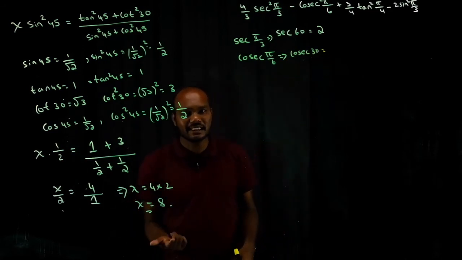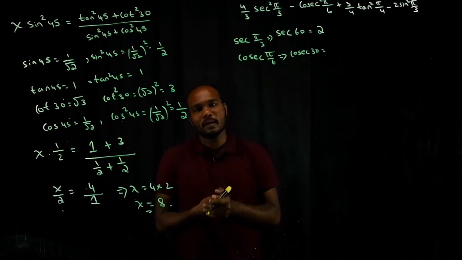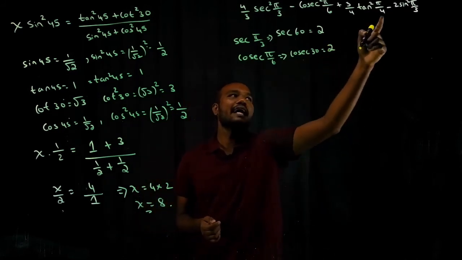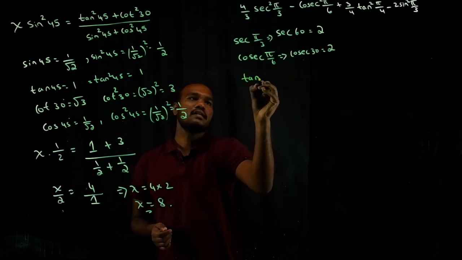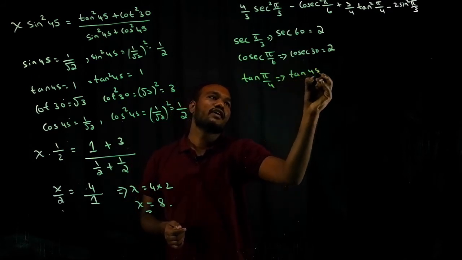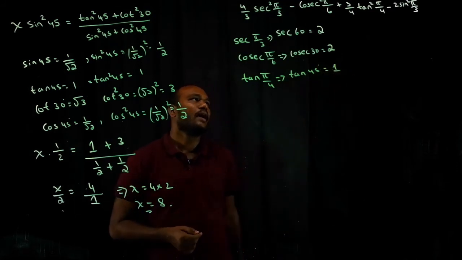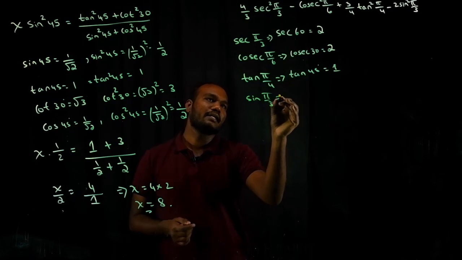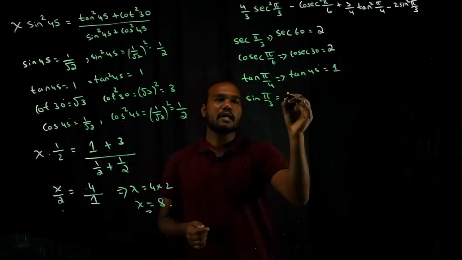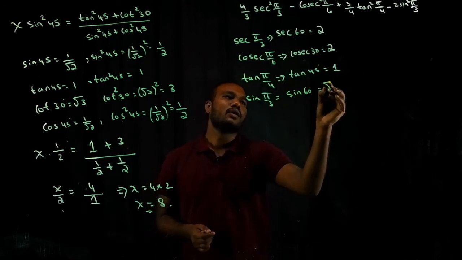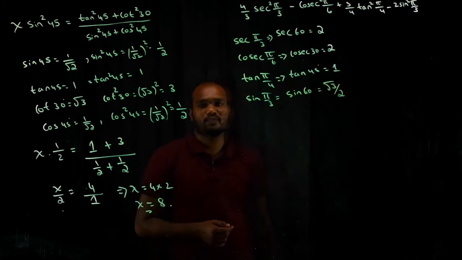We have to remember sin 30, which is 1 by 2, so cosec 30 will be 2. Next we need tan π/4, that is tan 45 degree, which is 1. Again, sin π/3 is required. Sin π/3 means sin 60 degree, which is root 3 by 2.